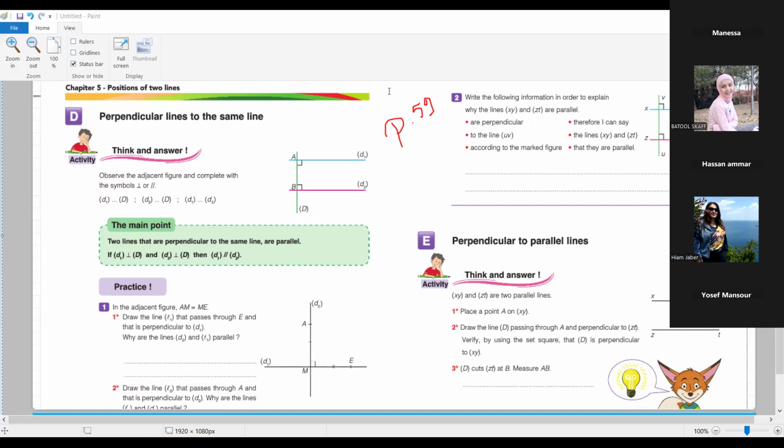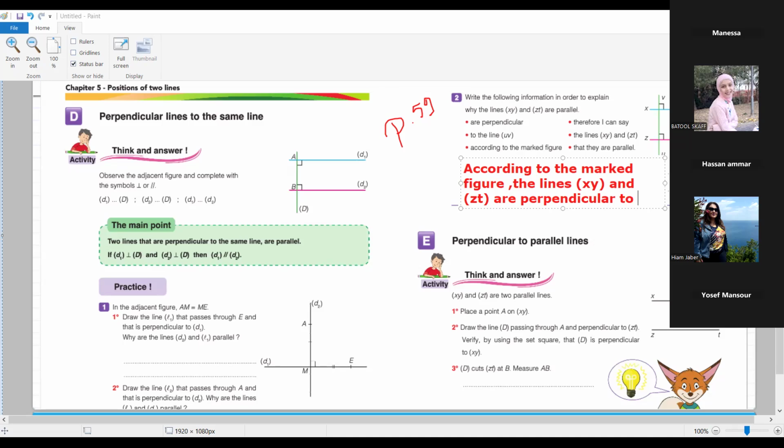So this is what we have to do. Let's write it together. According to the marked figure, the lines XY and ZT are perpendicular to the line UV.